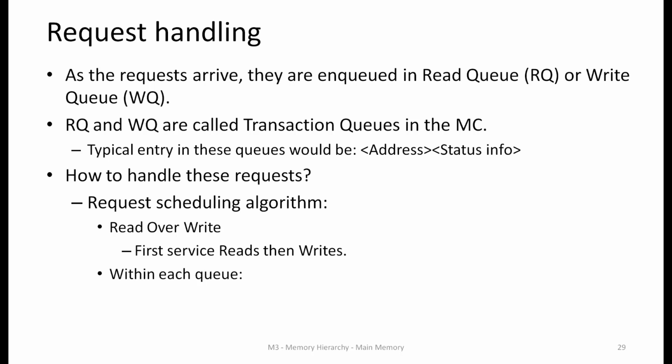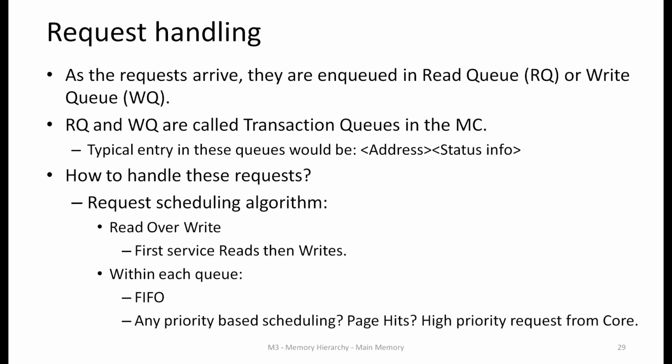In addition, within each of these read queue and write queue, we can have multiple design options. We can go for a first in first out algorithm, which is, you can say, age based, or we can go with any other priority based scheduling. Because each request comes with some status info, we can look at the status info to make this decision.